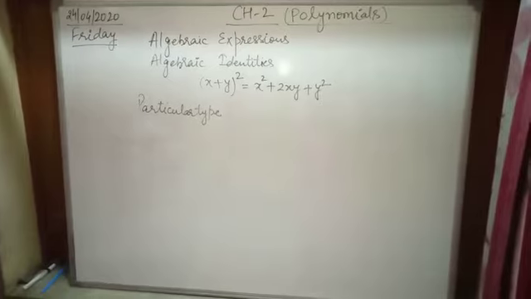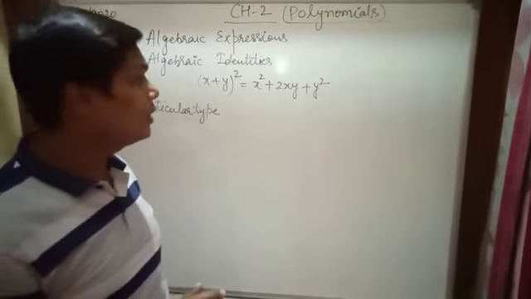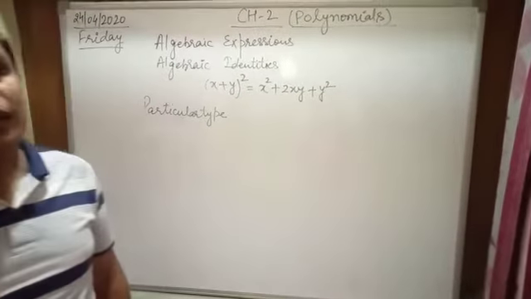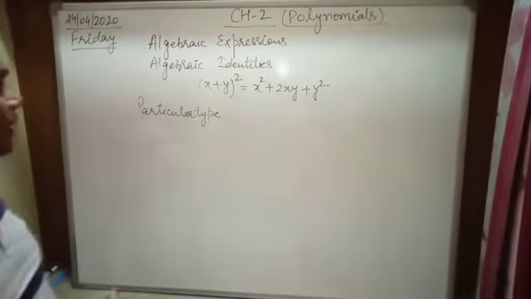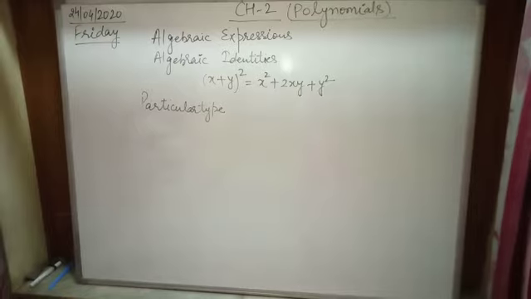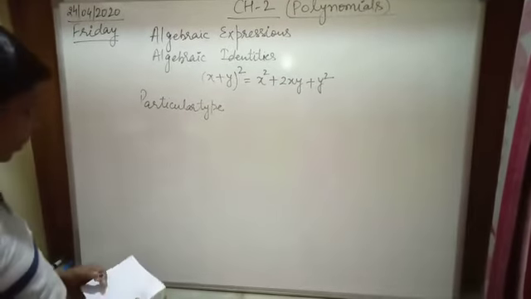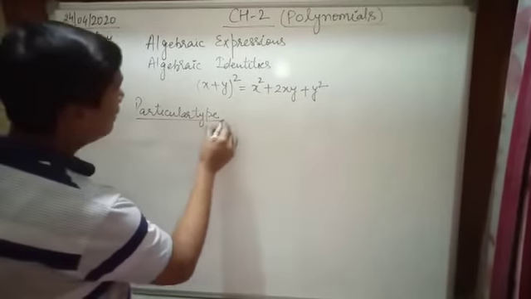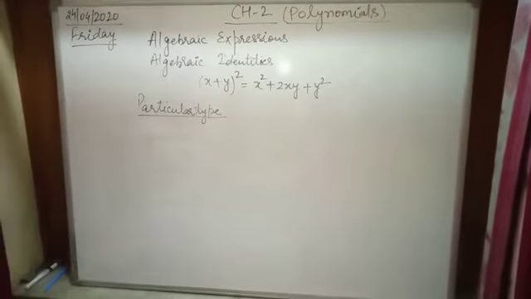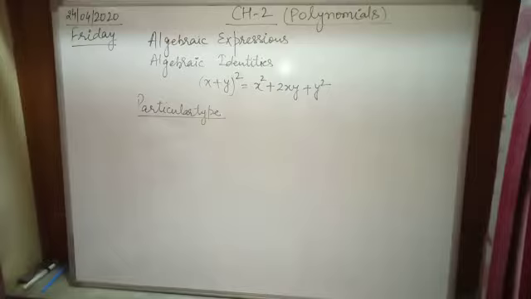It means every algebraic expression cannot be called a polynomial. I will tell what is the reason behind that. But now I am telling how we make the polynomials or algebraic expressions.